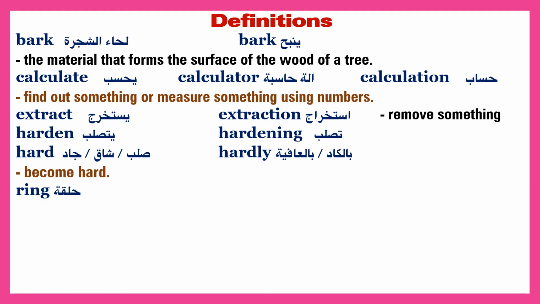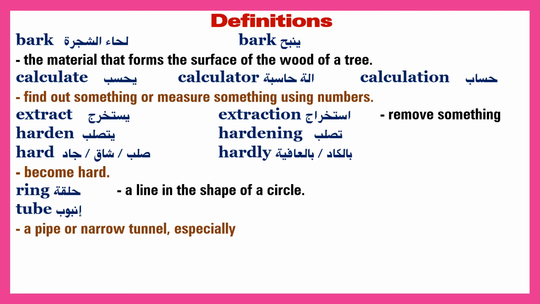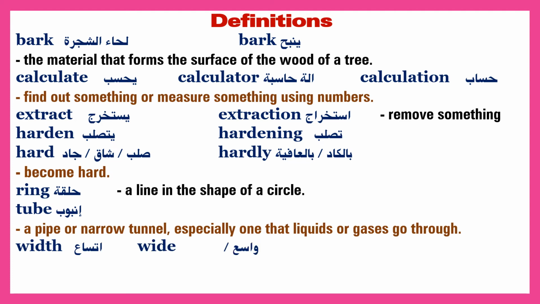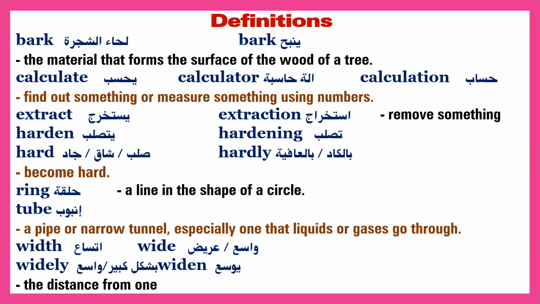Harden, hardening, hard, hardly: become hard. Ring: a line in the shape of a circle. Tube: a pipe or narrow tunnel, especially one that liquids or gases go through. Width, wide, widely, widen: the distance from one side of something to the other.